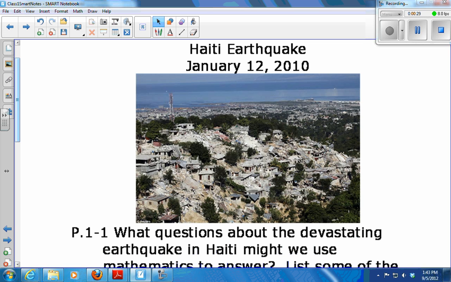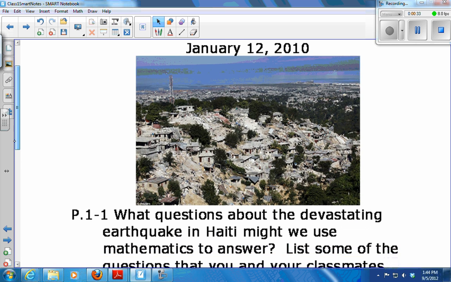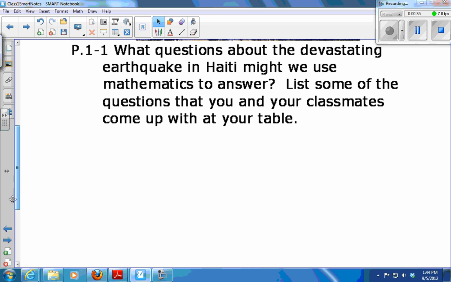So this is a picture of Haiti after the earthquake in 2010. So what questions about that earthquake might we be able to use math to answer?